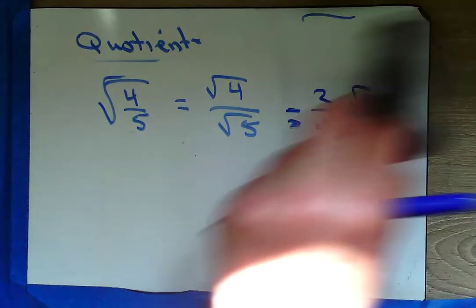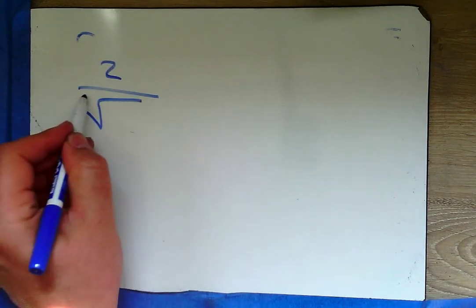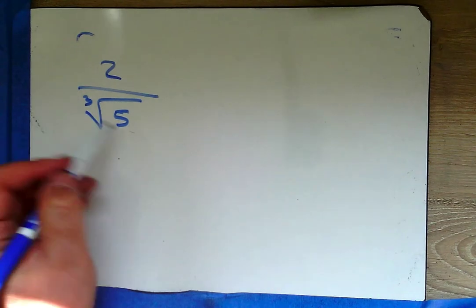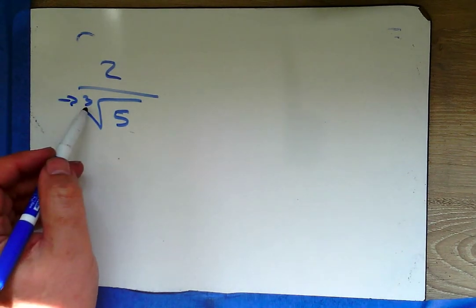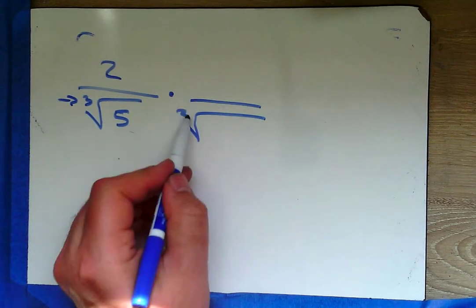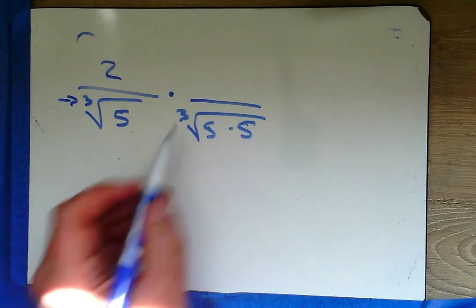Let's change this problem a little and have 2 over cube root of 5. See, because now, how many 5s do I need to get 1 out? Well, this says I need 3 5s to get 1 out. So I have to multiply by the cube root of 2 more 5s, because I need a total of 3.